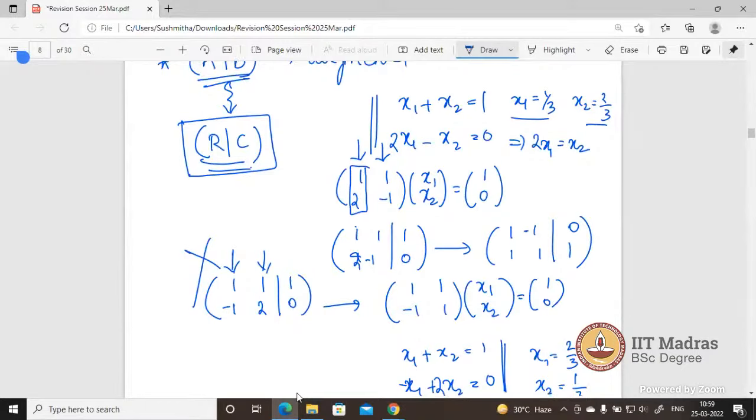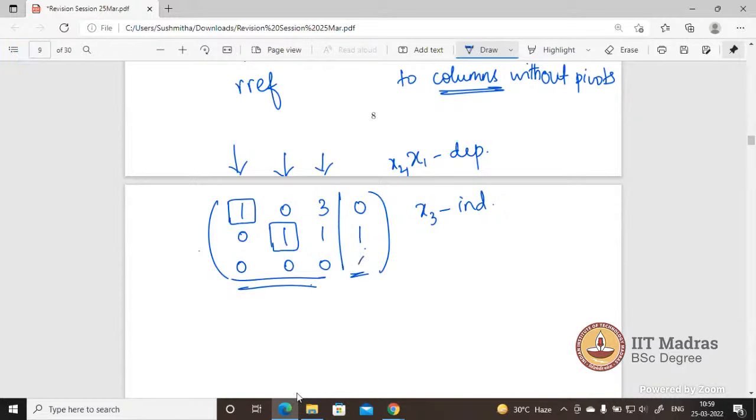When I have a 0 here, I want a 0 here, because if this is not 0, then the system does not even have a solution, right? Now, if my third column is entirely 0, then x3 is an independent variable, right?